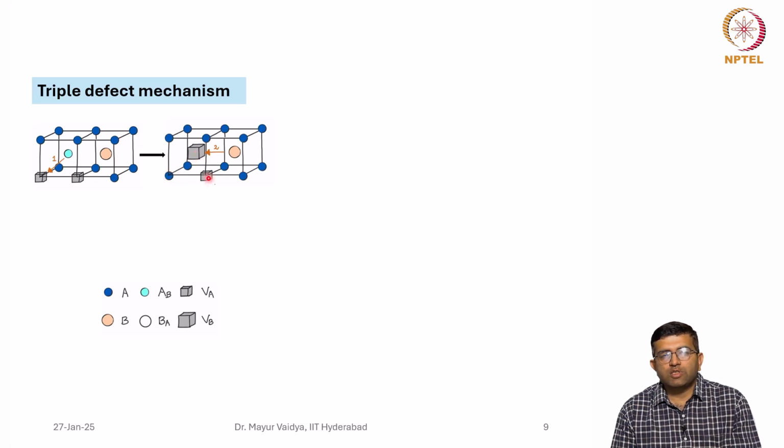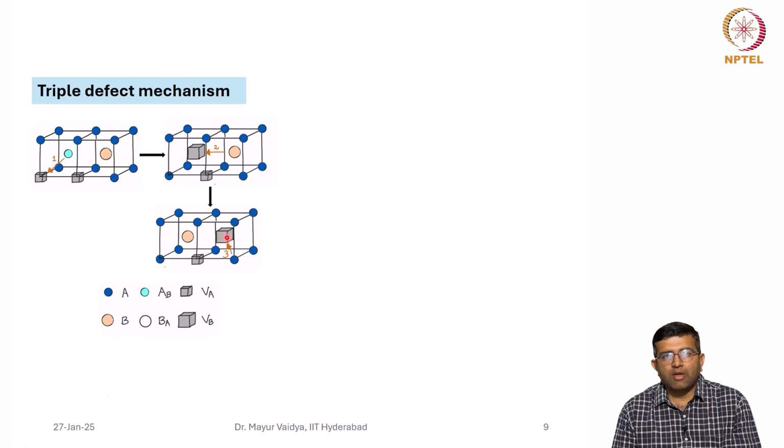So, now you have these two vacancies here, and now this B atom exchanges its position with this vacancy. So, you have the vacancy here, another vacancy here, and this is how it happens. Then in the third step, this vacancy again exchanges its position with this A atom here. The moment the A atom comes to this position, it is coming to the B sublattice.